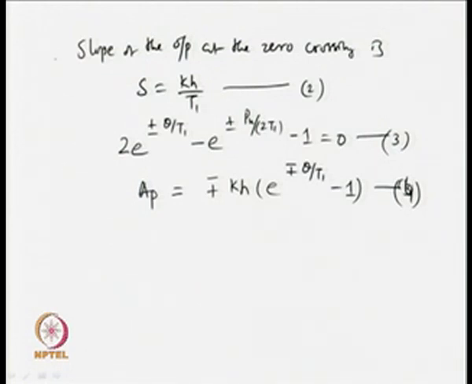Then we have obtained 3 important expressions, and also we are making 3 measurements on the output signal. Thus, the 3 expressions can be solved simultaneously to estimate 3 unknowns k, theta and T1.